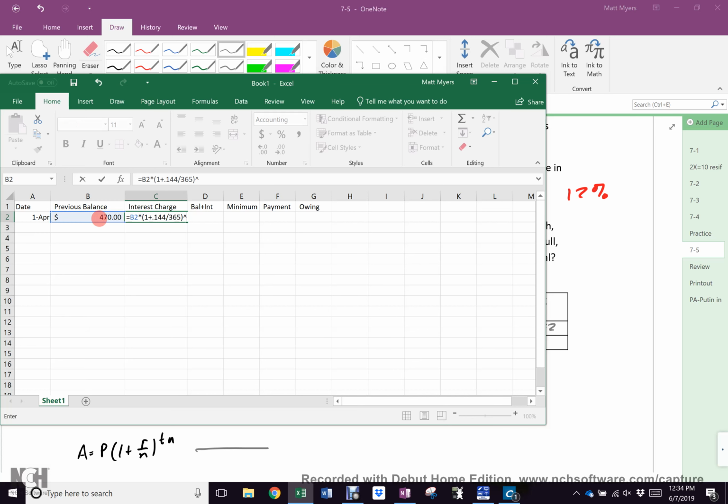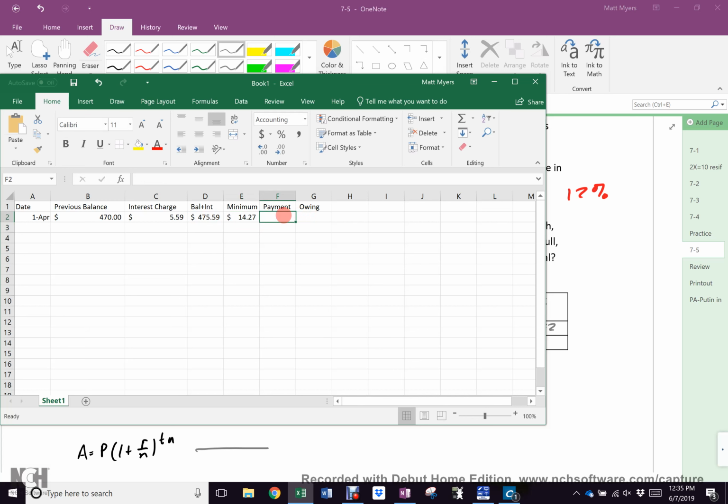Close brackets, exponent 30. Oh, I forgot to do the minus 470. Bracket, minus, and I don't need to do that, I can just go previous balance. 5.59 equals that plus that. Minimum payment equals that times 0.03.